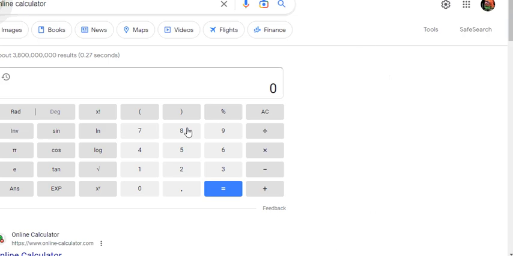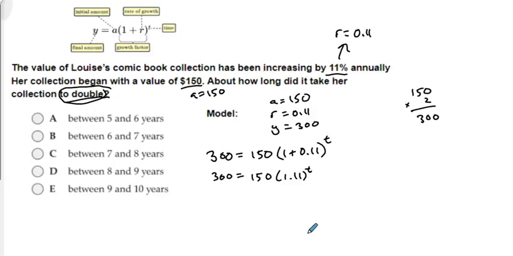We want to make sure this number is over 300, and find the first year value for which it doubles.